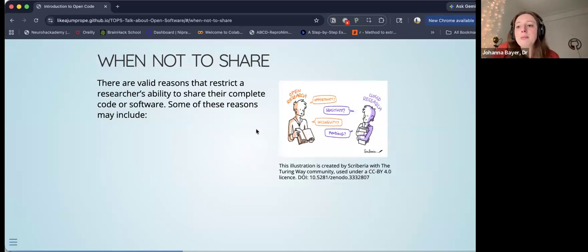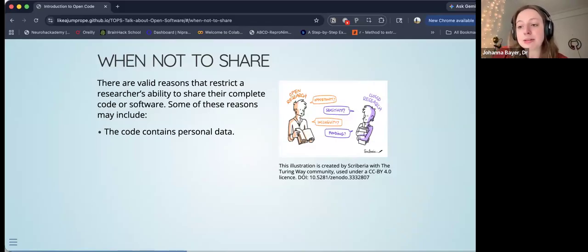So there are also reasons why not to share code. And you should take these reasons into account and be aware of them. Some of these reasons include the code contains personal data. I work a lot with clinical data, and sometimes we have information, even if the names and the most sensitive data are removed.